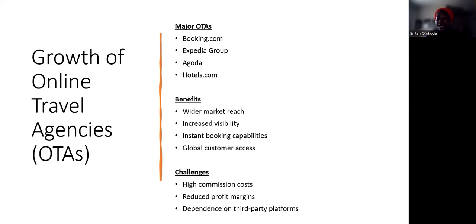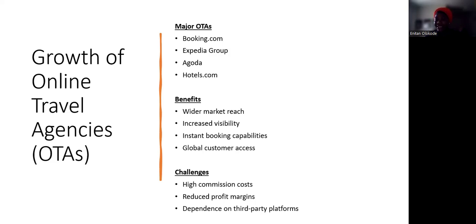I have already secured accommodation with a hotel thousands of miles away from me. And it also gives us access to international travelers. For small and independent hotels, OTAs often provide marketing exposure that would otherwise be difficult to achieve independently.